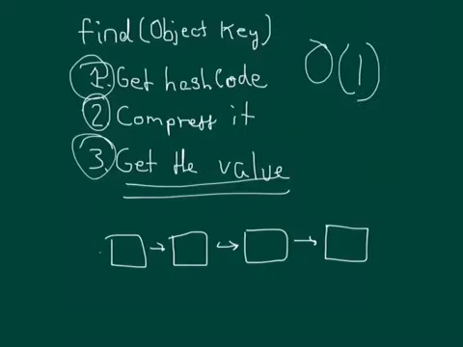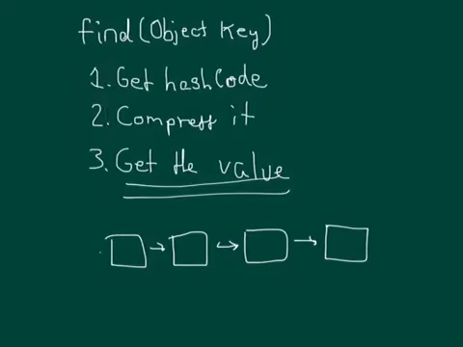We'll also discuss a technique called amortized analysis in the future, which allows me to prove why the hash table almost always works in constant time for the find operation, and for the other two, which I'll talk about right now.